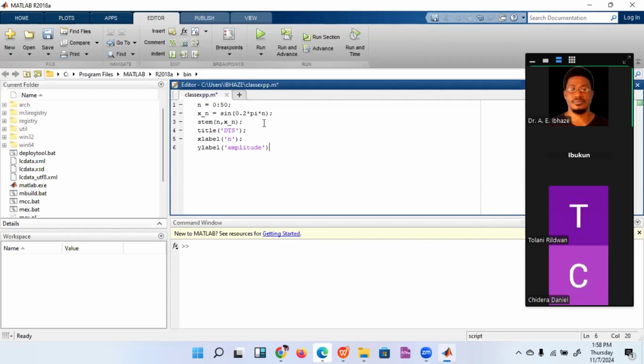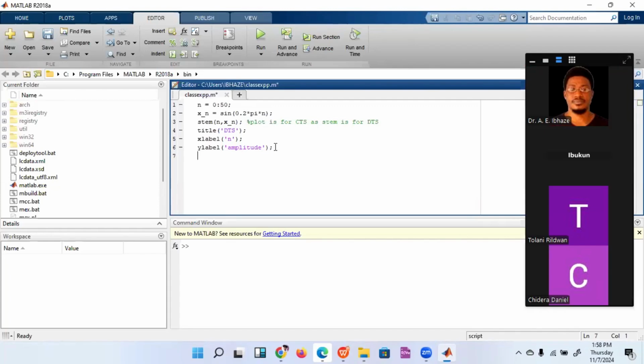So here, plot is for continuous time signals, as stem is for discrete time signals. Okay, sir.